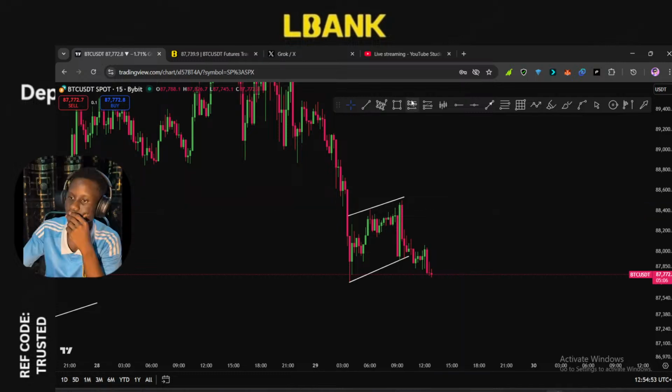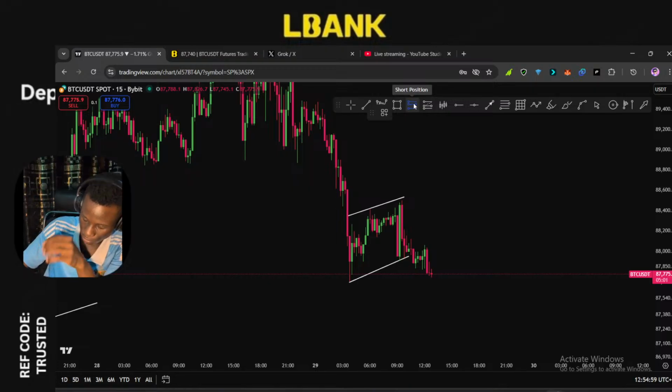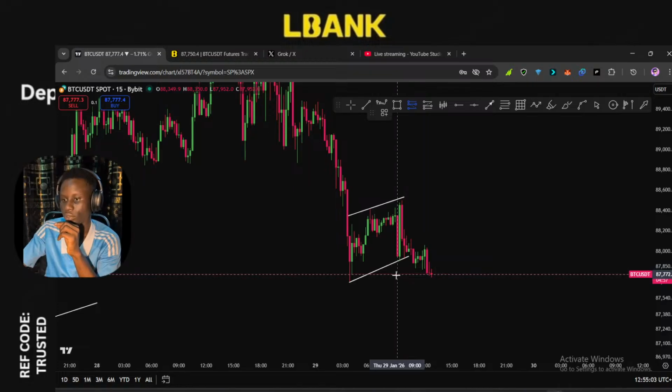We want to sell this market now. You need your short position, so you are going to place it at the close, at the break of this.